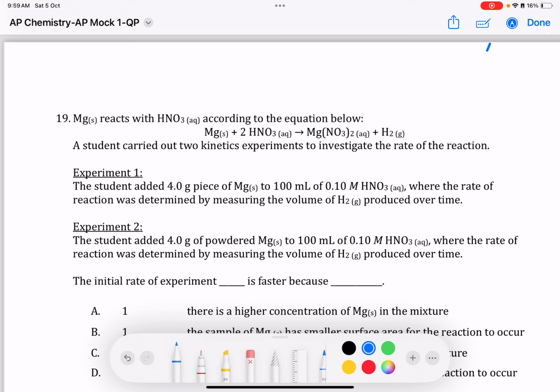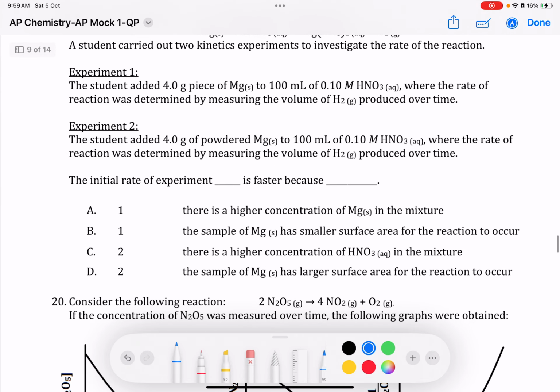Magnesium solid reacts with HNO3 according to the below equation. A student carried out 2 kinetic experiments to investigate the rate of the reaction. In experiment 1, the student added 4 gram pieces of magnesium. And here, powder. So here he added a big chunk of magnesium, and here we added the same mass but powdered.